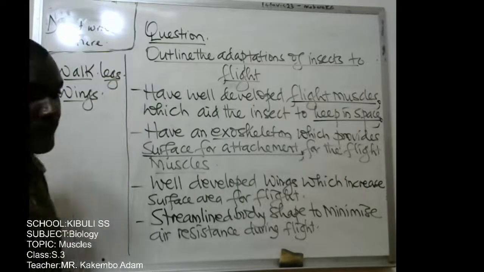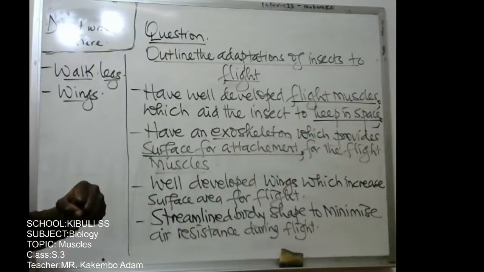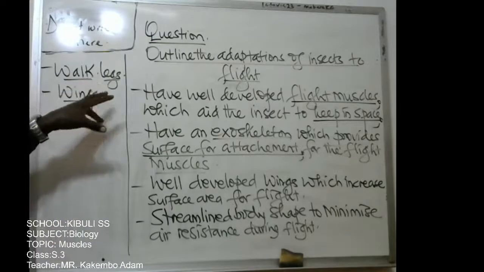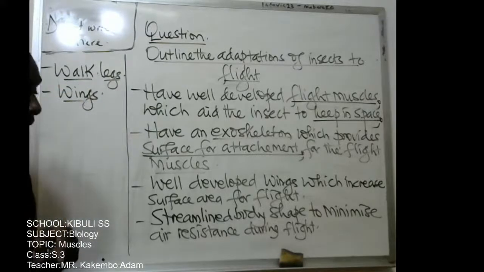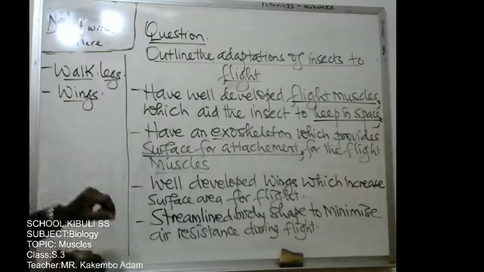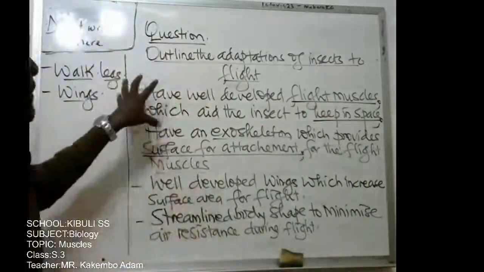We have also seen the wings and the muscles that cause the wings to be raised or lowered. The legs also, we talked about muscles of the leg. Now today we have talked about the muscles of the wings.